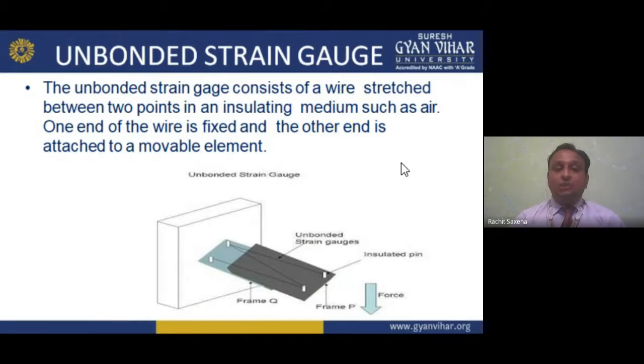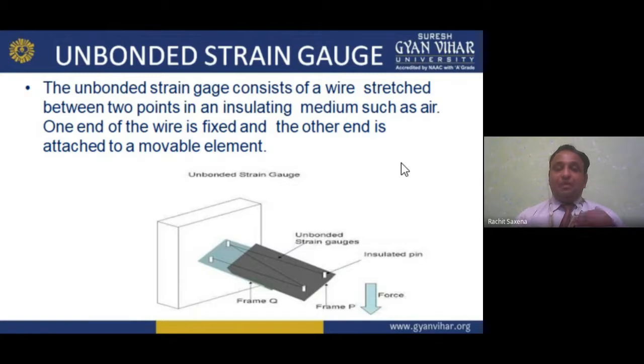So the unbonded strain gauge consists of a wire stretched between 2 points in an insulating medium, such as air. One end of the wire is fixed and the other end is attached to the movable element.